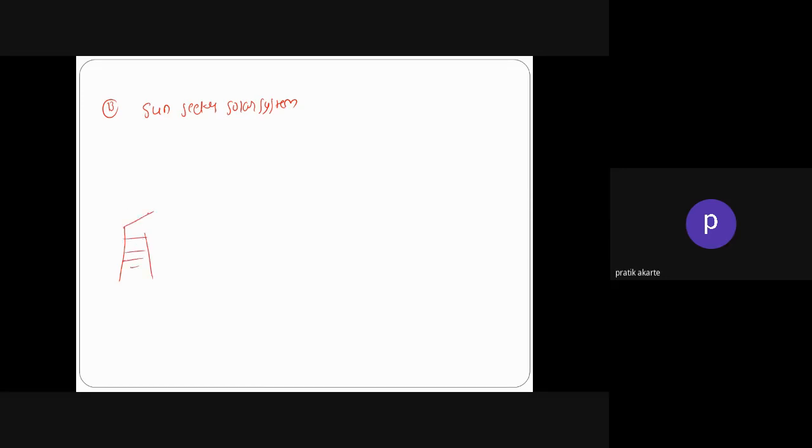You can say that this is a tracker, and this is the sun. These are the rays of the sun.